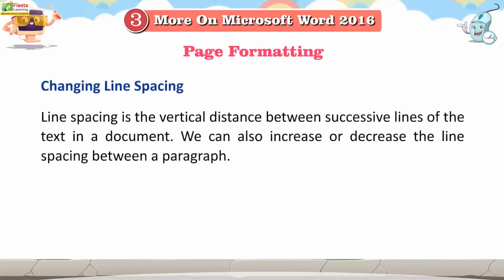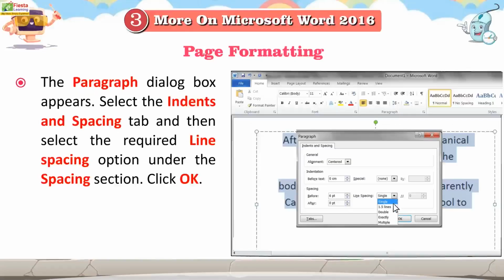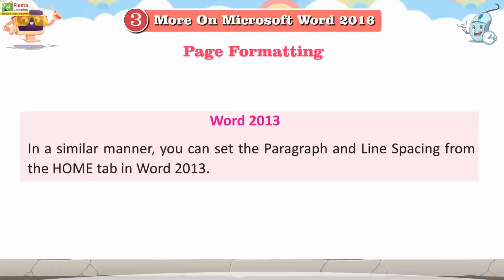Line spacing is the vertical distance between successive lines of the text in a paragraph. Select the Indents and Spacing tab, and then select the required line spacing option under the Spacing section. Click OK. Word 2013: In a similar manner, you can set the paragraph and line spacing from the Home tab in Word 2013.